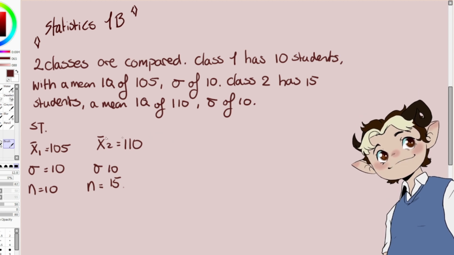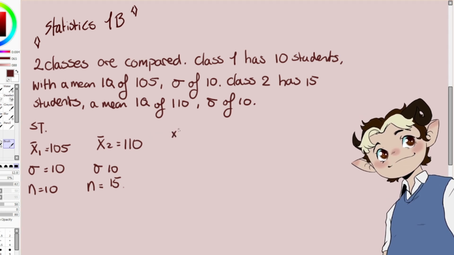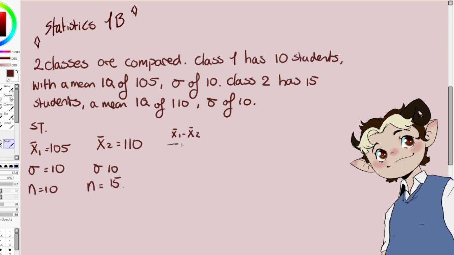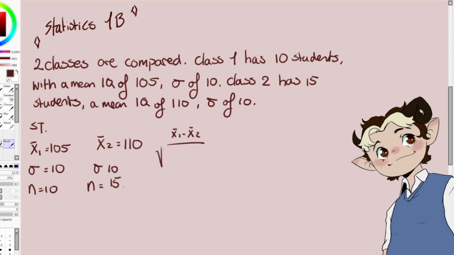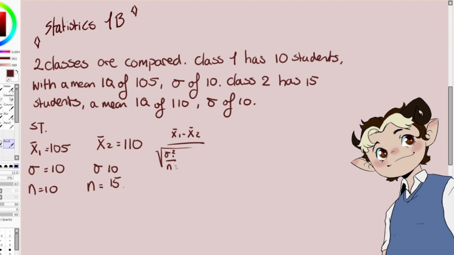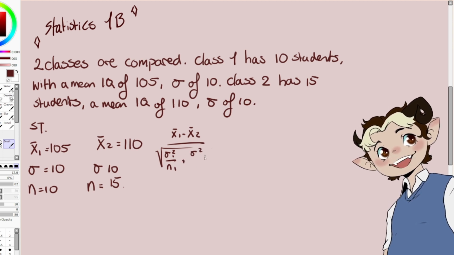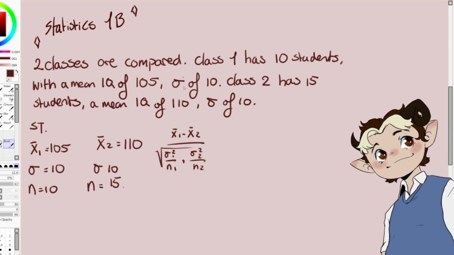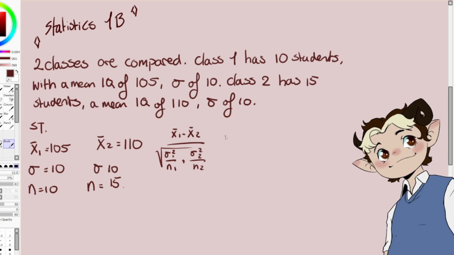So we had x1 minus x2 divided by the square root of the standard deviation squared divided by n, plus the standard deviation squared divided by n. So let's plug those in.